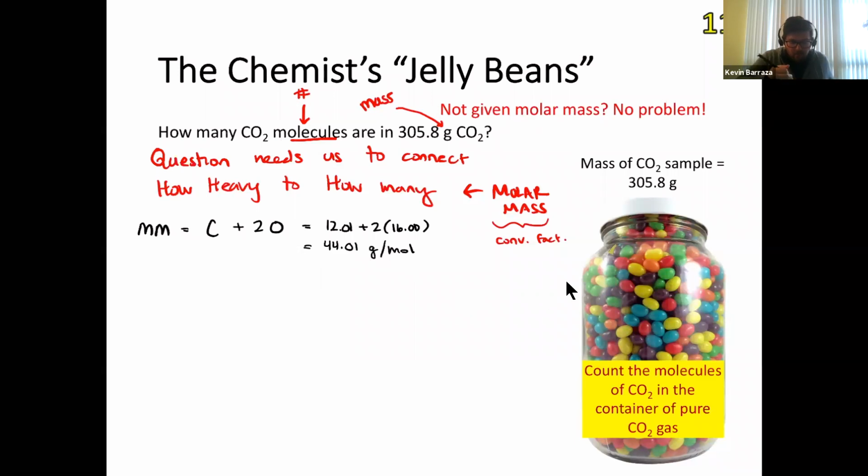So how exactly is this going to work? Well, we can still do our givens and desired. And we have 305.8 grams of CO2, and we desire molecules of CO2.